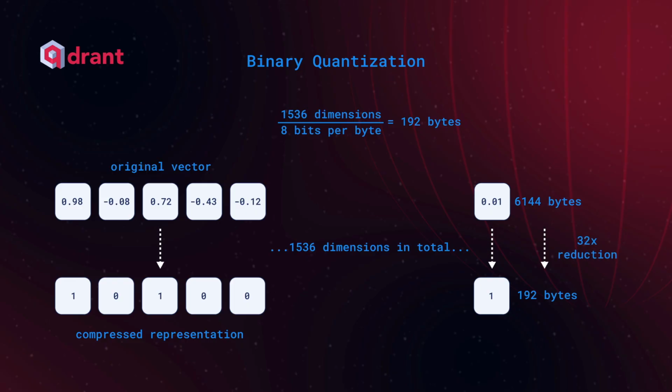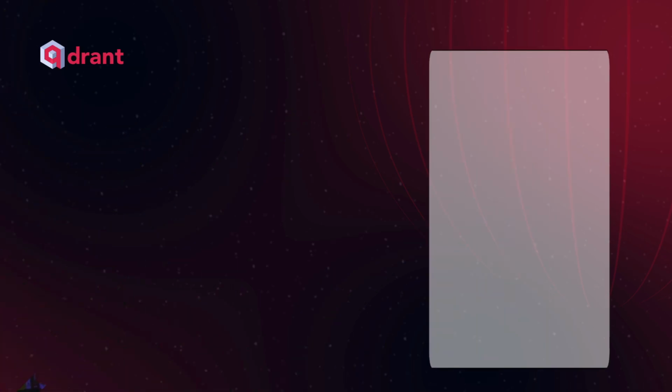Binary quantization is by far the method that provides the most significant processing speed boost without losing too much accuracy. It can speed up search by up to 40 times depending on the dataset and hardware. So you're not only compressing the vectors by 32 times, you're also improving search speed by 40 times when you use binary quantization.